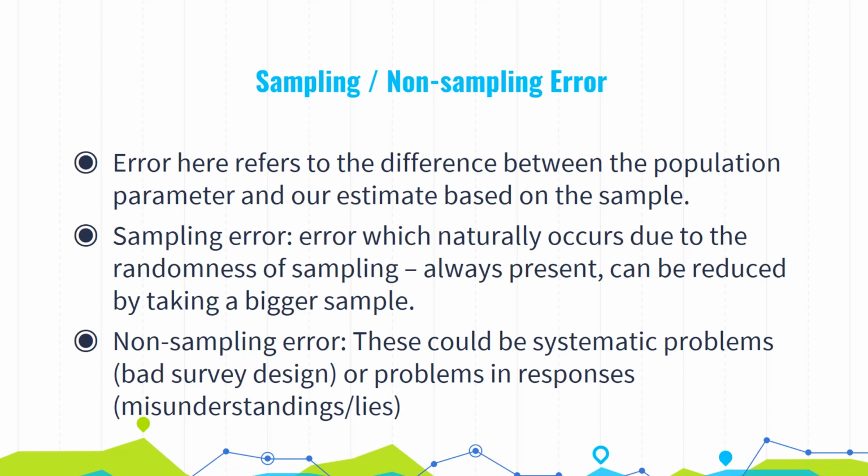Sampling error just occurs naturally because of the randomness of sampling. You can be sure that your sample statistic, like your sample average, is going to be slightly off from the population average. Generally with sampling error, just by taking a larger sample, you can reduce it. But then there's another kind of error called non-sampling error, which is more systematic problems.